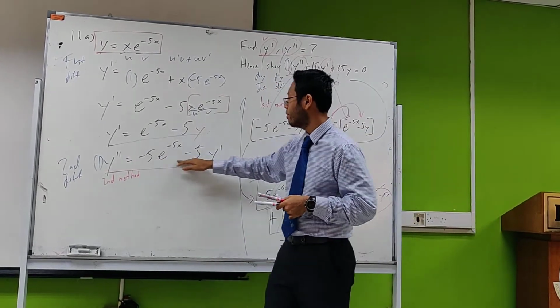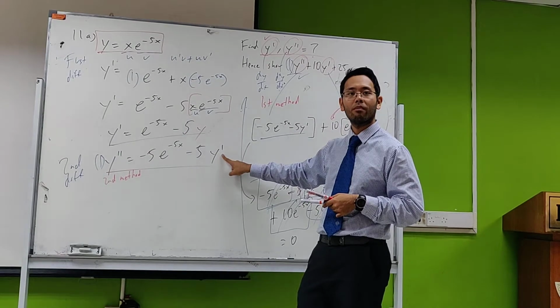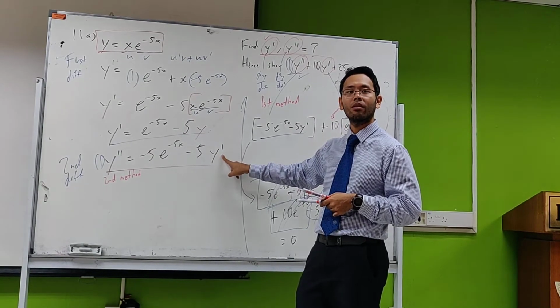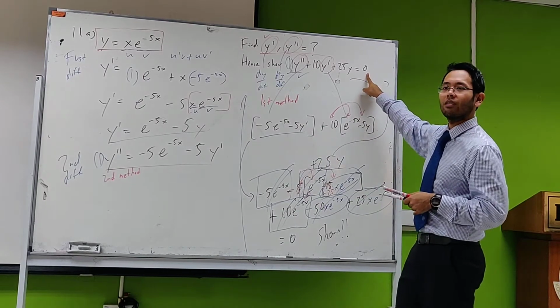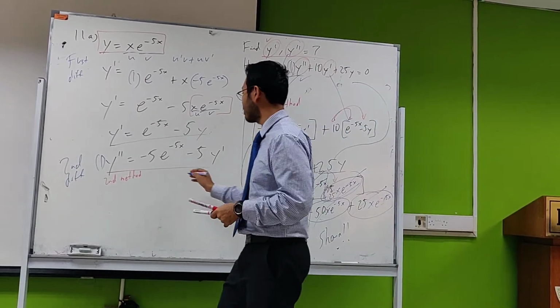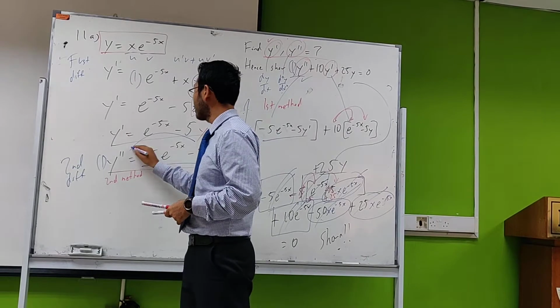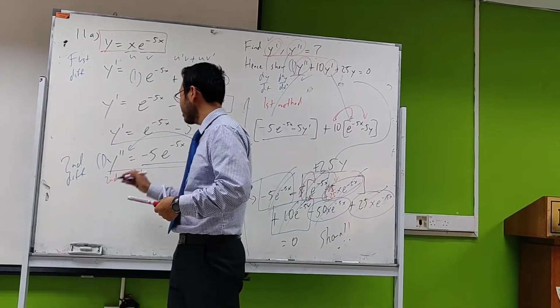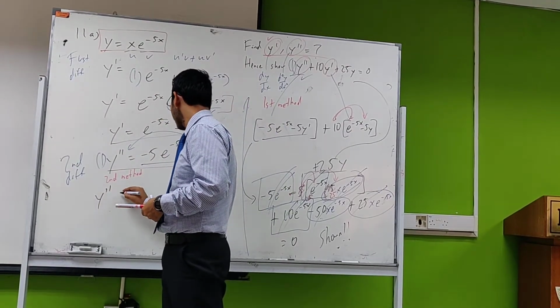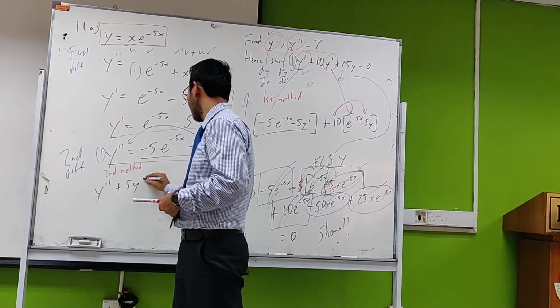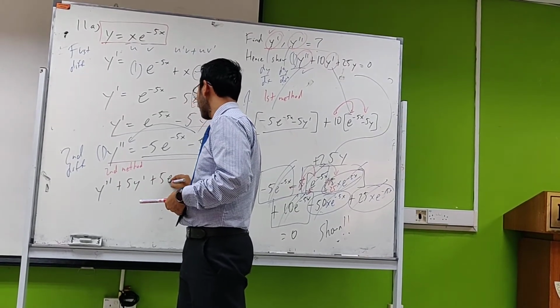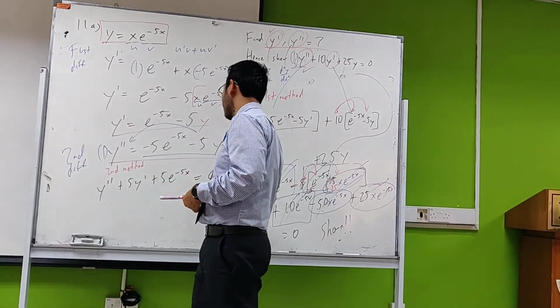I have y, but only negative 5. Well, this one equals to 0, right? So it's a lot easier if I transfer the whole thing to the left side. So y prime plus 5y, 5y prime plus 5e negative 5x equals to 0.